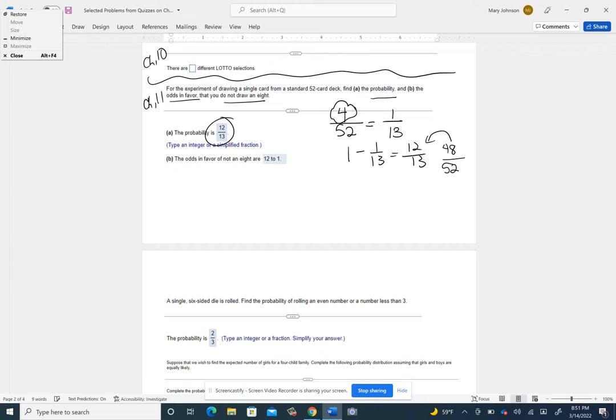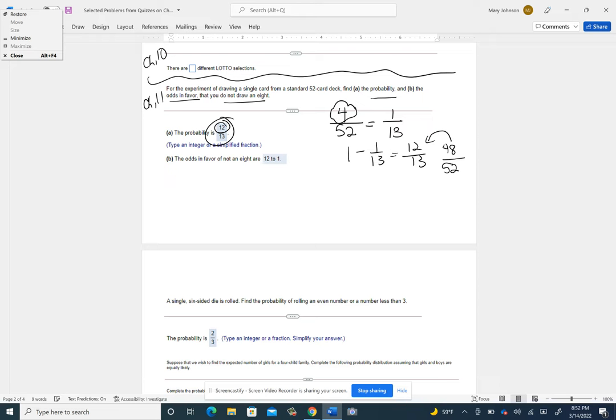And then the difference between probability and odds we're working on. For probability, the number that are in favor of the event happening, so there are 12 out of 13 total that you do not draw an 8.